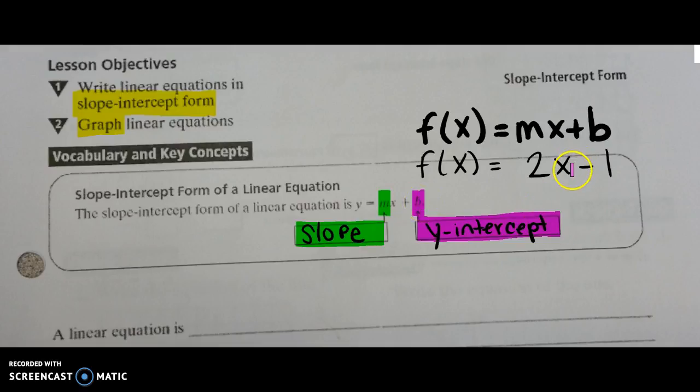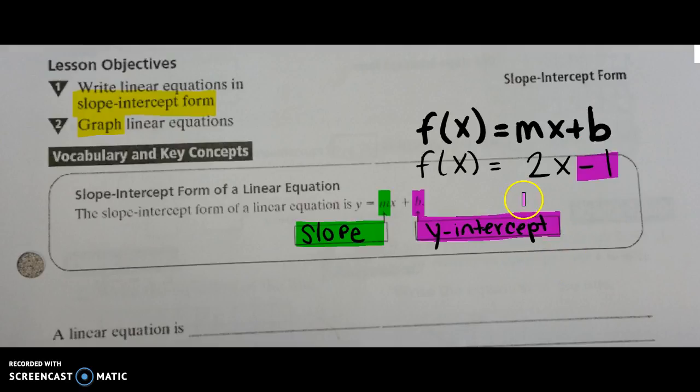So in this example, I would like to caution you, our y-intercept is not 1. Our y-intercept is negative 1.